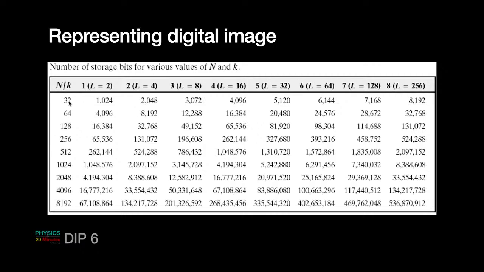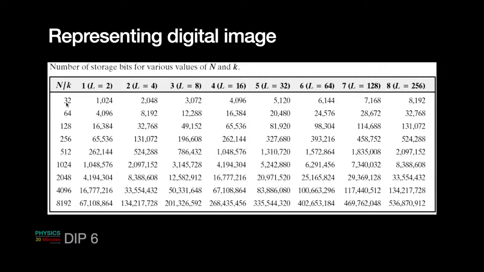Now suppose I have an image whose number of rows and number of columns are both 32. So look at the memory requirement. It has 32 rows and 32 columns, so the number of pixels will be 32 into 32.